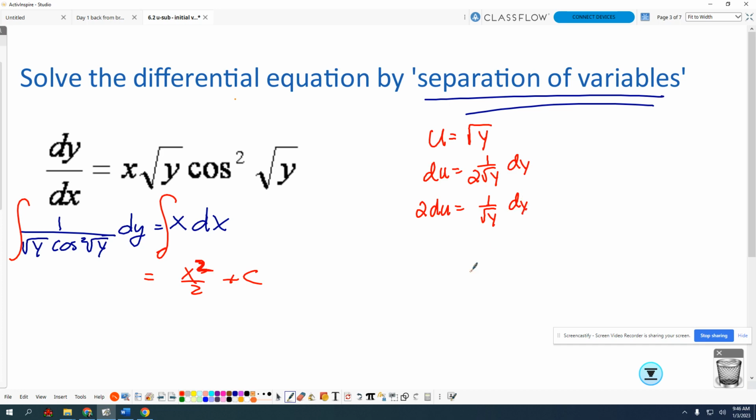Okay, that doesn't look so bad. But I still need to look at this differently. How do I integrate 1 over cosine squared root y, dy over root y, which is 2 du over cosine squared u?